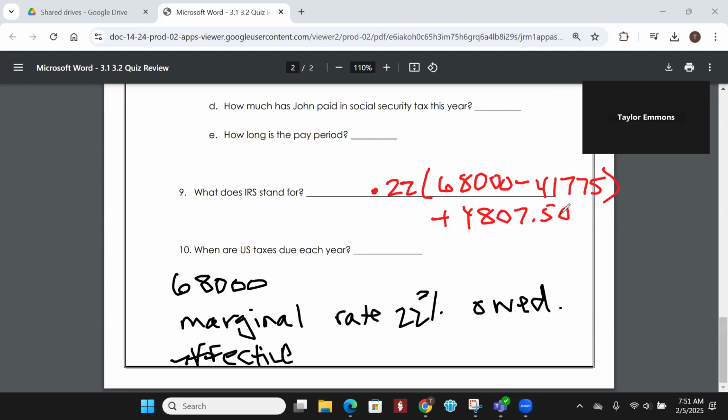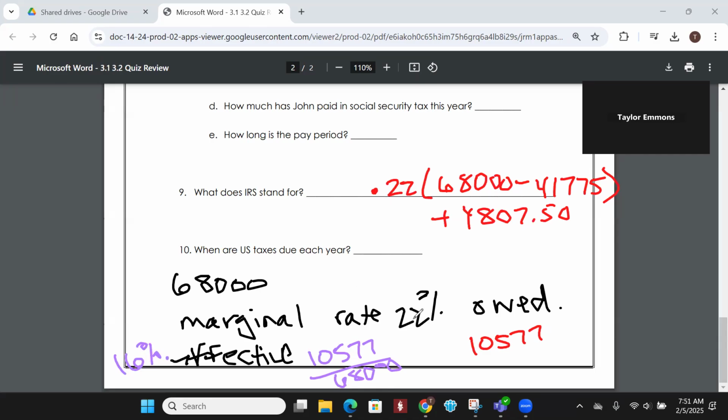Then you're gonna type that into Desmos. What'd you get? Then to get your effective rate, you're gonna take that and divide it by how much you make. 16%. Okay. And again, that should be less than your marginal rate.